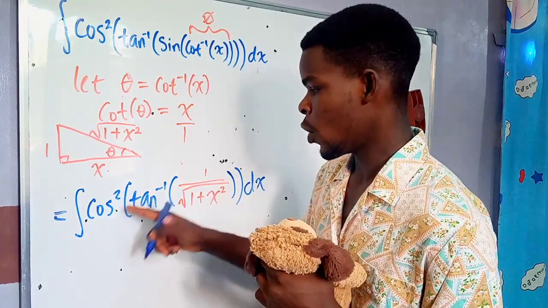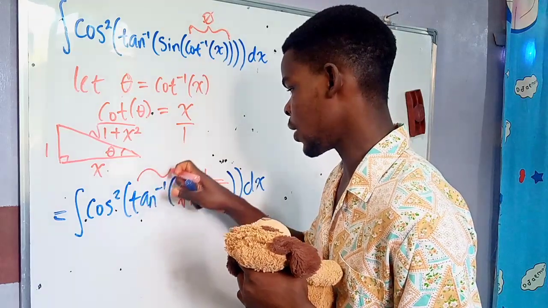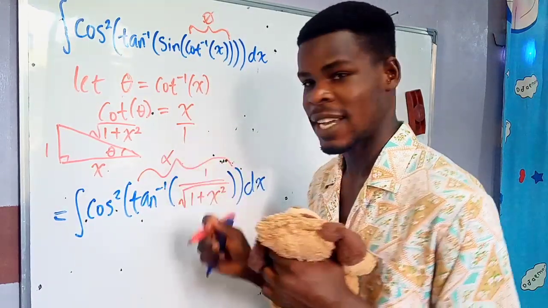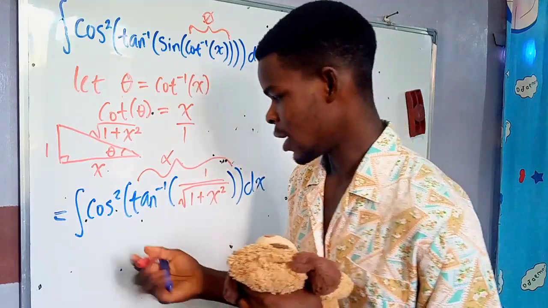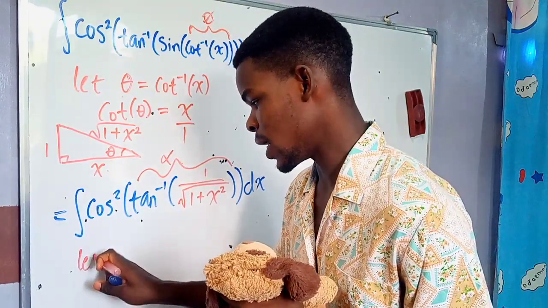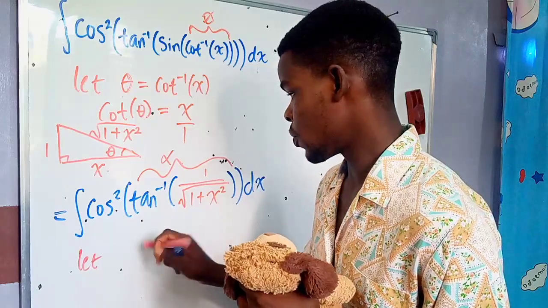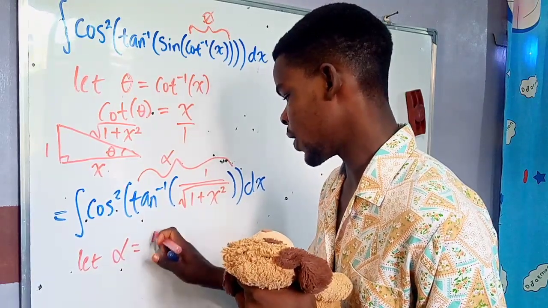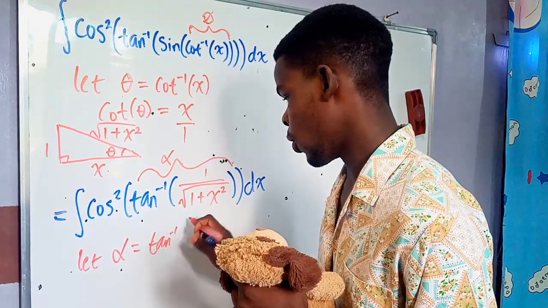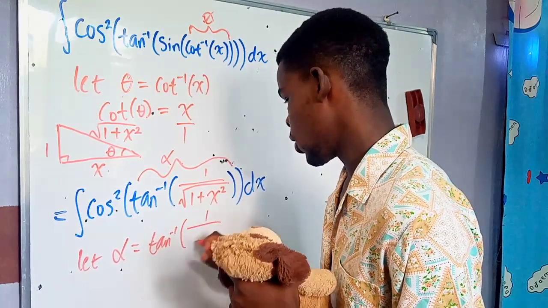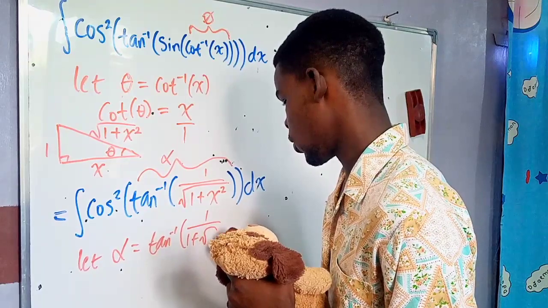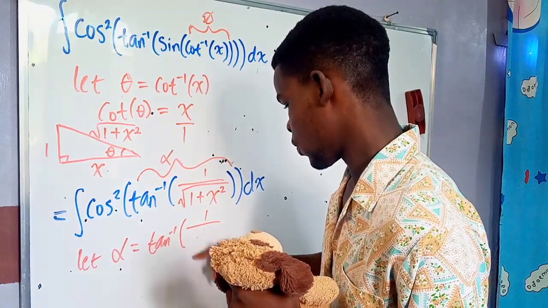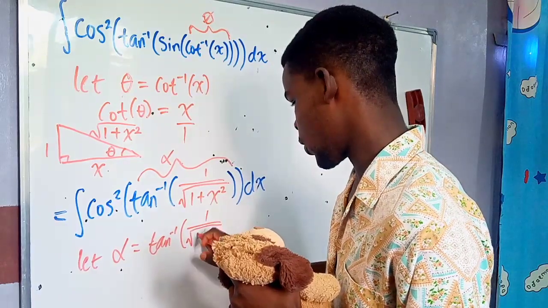So let's see what we have. We want to call the whole of this an angle, and I'm going to call it alpha. That means we are saying that we should let alpha be the inverse tangent of 1 over the square root of 1 plus x squared, right?